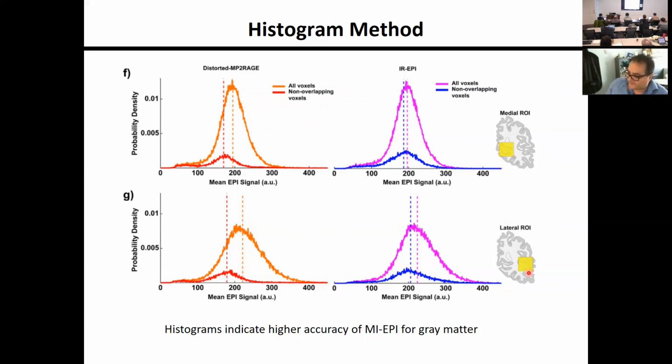We go to a different ROI and we make the same observation. So even though we don't have a gold standard, this data indicates that the gray matter segmentation based on the inversion recovery is more faithful to the true gray matter compared to the MP2RAGE. Is this argument plausible to you? Or does anybody have a counter argument or question?